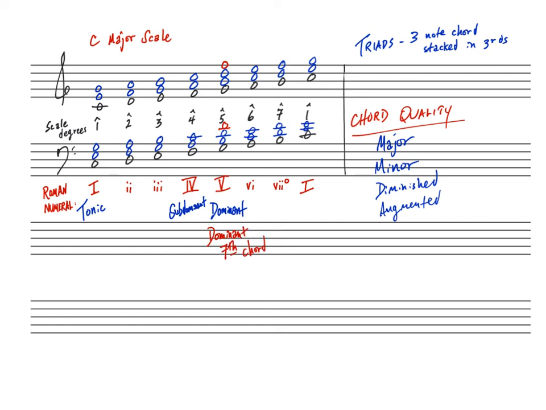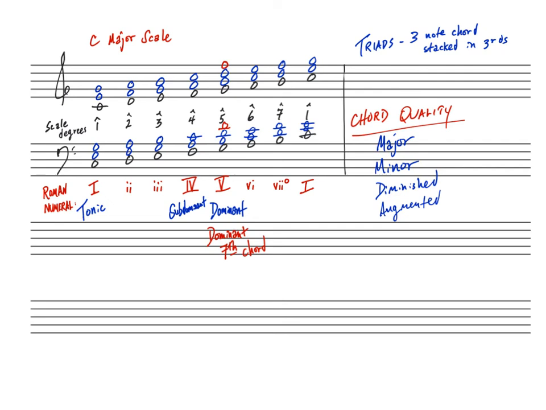And it sounds like this. 5, 7, 2, 4. And that dominant 7th chord combines together the 5 triad, 5, 7, 2, and the 7 triad, 7, 2, 4, which I said before has a lot of tension. If you add those two together, you get this immense feeling that you want to resolve to 1.